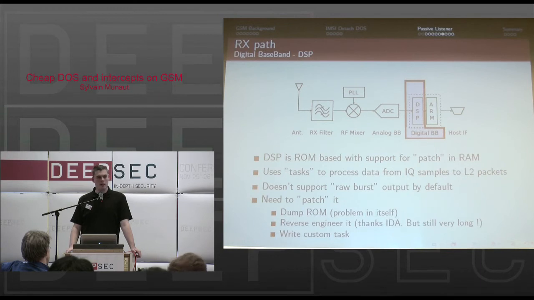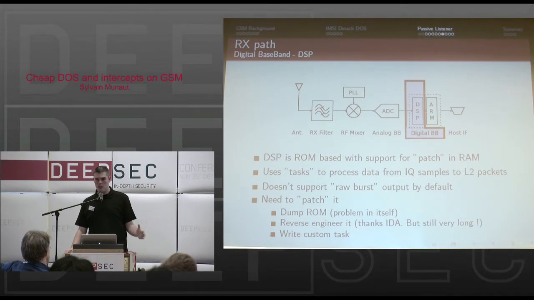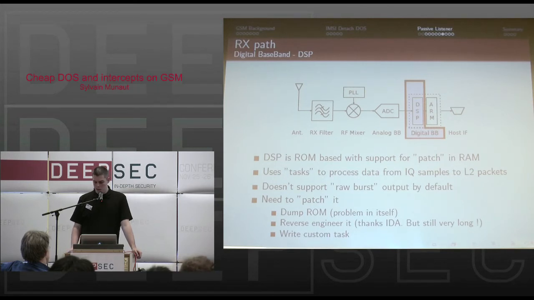So after long hours staring at the assembly of the DSP, you can figure out how it works, and in the end, write a custom task for the DSP that will do what you want. That is, get the samples from the analog baseband, apply the demodulation, and then send the raw demodulated burst to the ARM without any further processing. And this is something that took a long time, but it's finally done, so that's good.